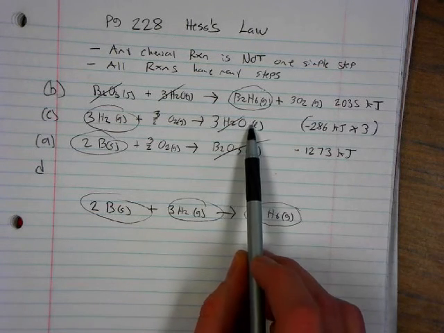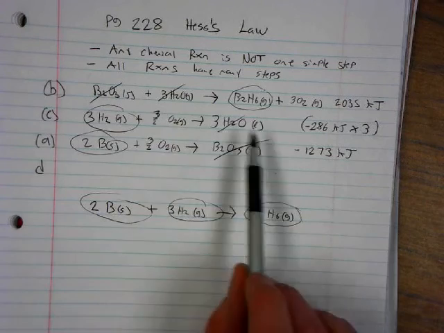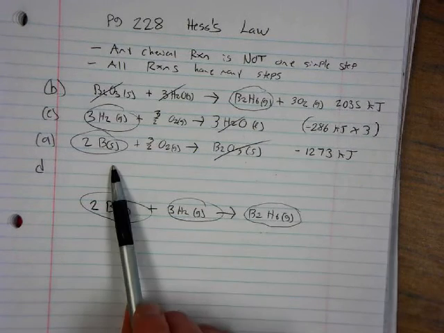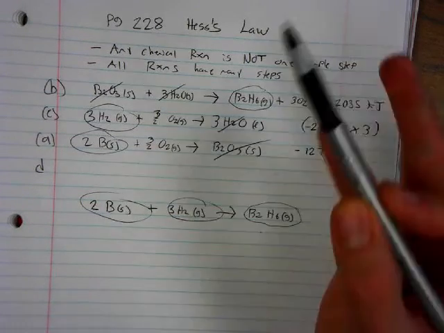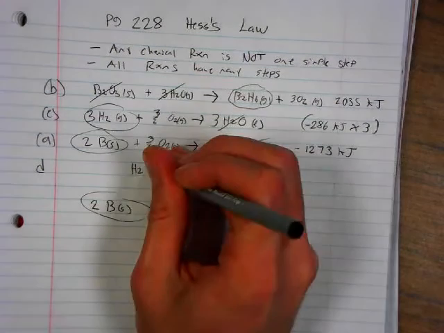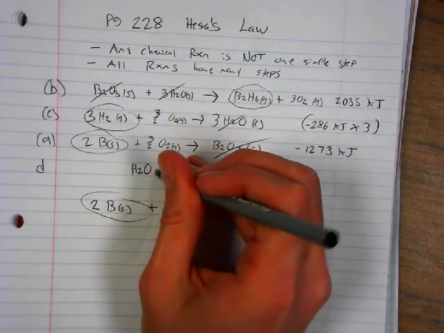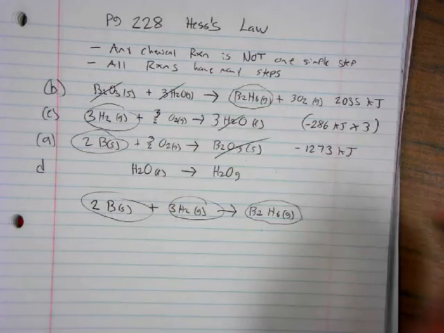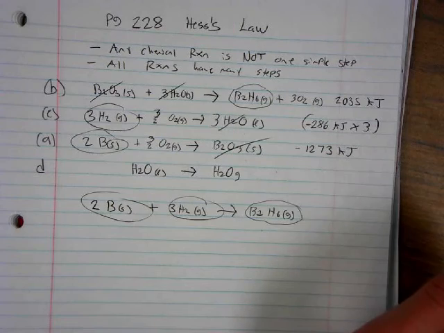Is there another equation? Yes. Equation D. I have H2O liquid on the left, so this is good because I have H2O liquid on the right. I'm going to need to get H2O liquid on the left to cancel it out.